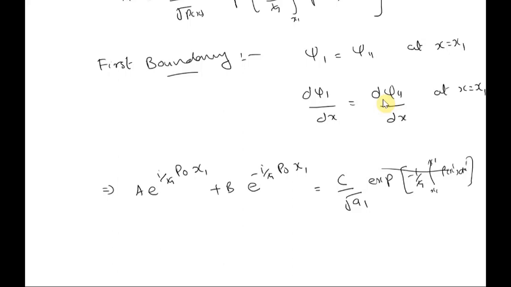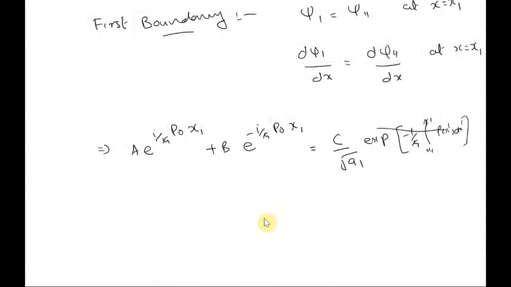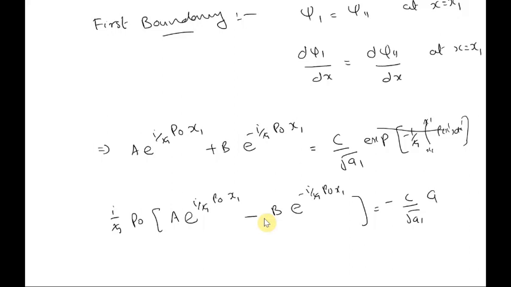In the same way, you take the differentiation of wave functions 1 and 2 and equate them, and when you do that you will get an expression like this: i by h cross p naught into a e raised to i by h cross p naught x1, minus b e raised to minus i by h cross p naught x1, is equal to minus c by root a1 into a1, and you will have an h cross also.